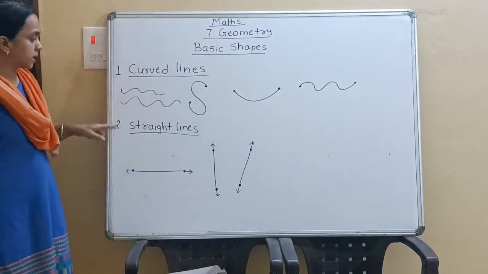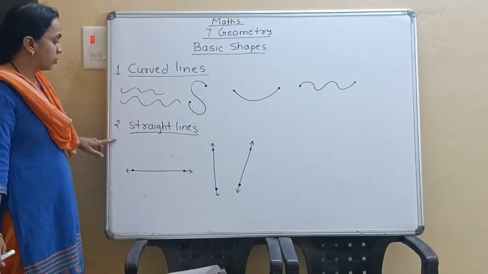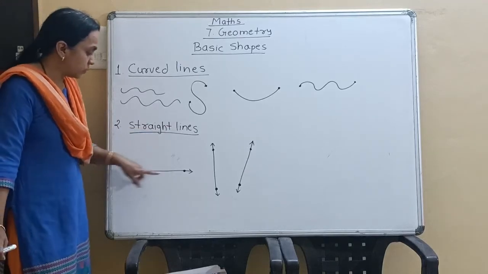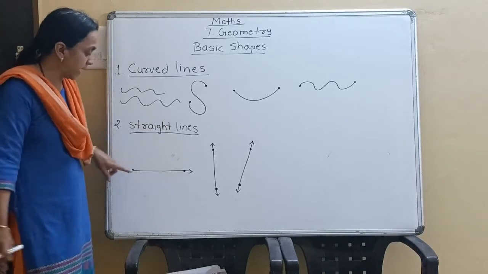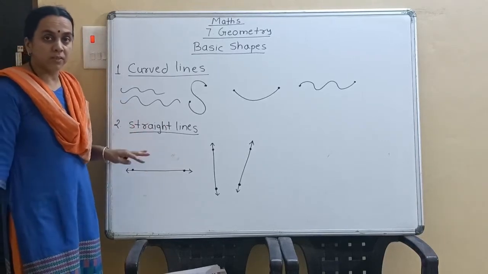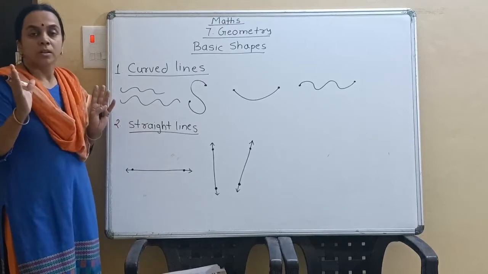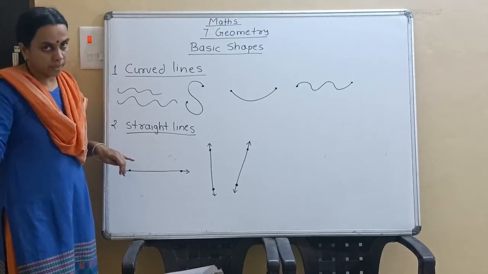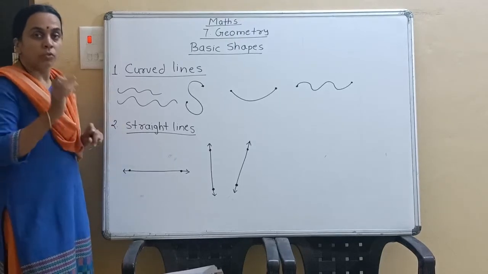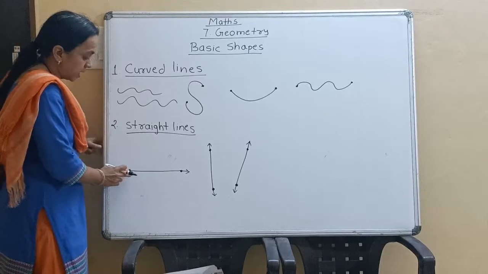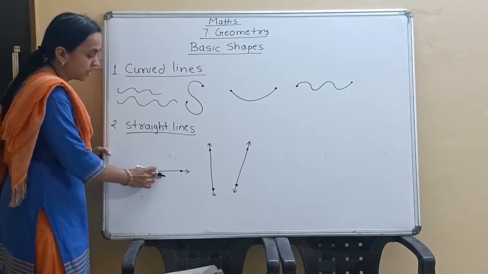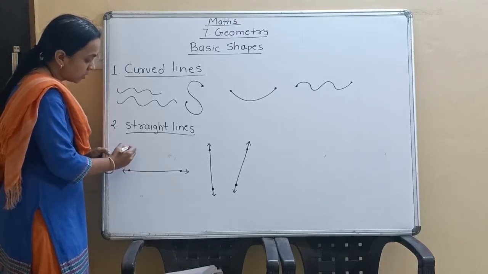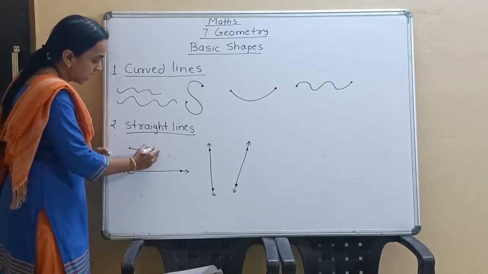What is basic shape number 2? That is straight lines. We can draw straight lines with our hands, and if any measurement is given, suppose we have to draw a single line of 5.2 centimeter, we will take our scale, count 5.2 centimeter, and draw one straight line.